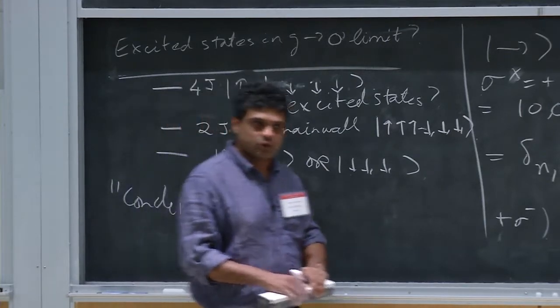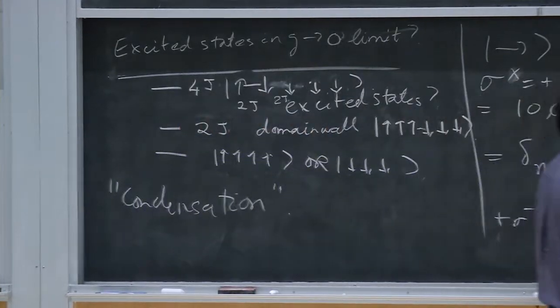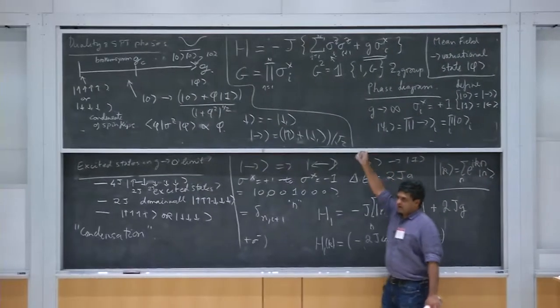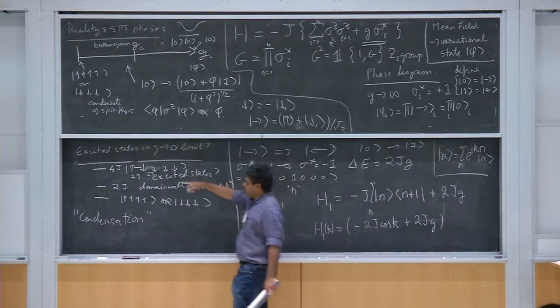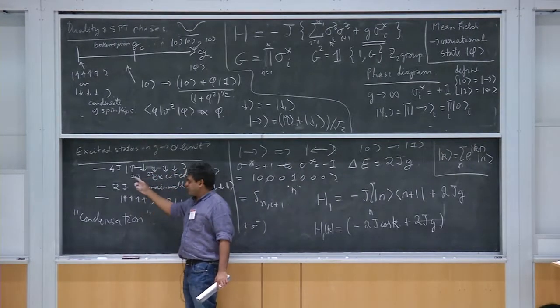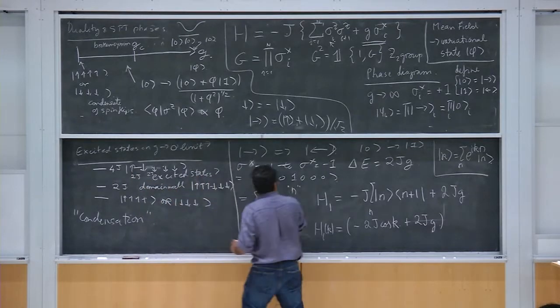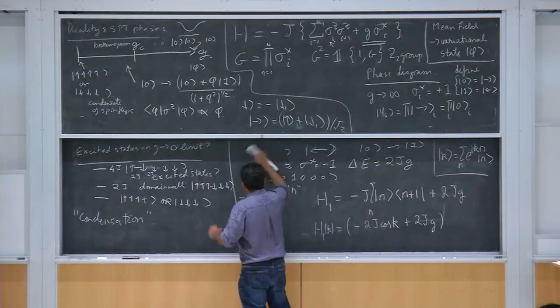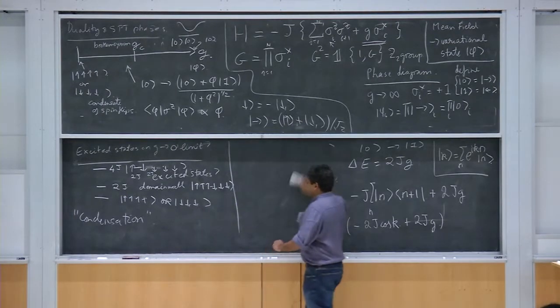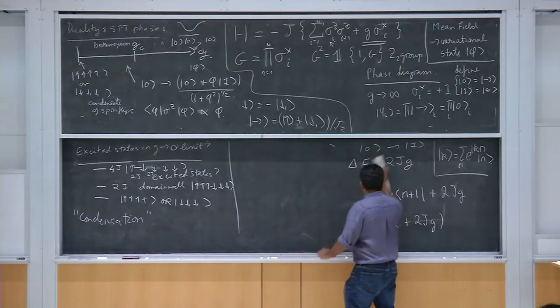Okay, and we can develop a dual theory. Instead of describing everything in terms of the location of the spins, what the spins are doing, we can write down a theory where I tell you where the domain walls are and what the domain walls are doing. So if I give you a spin configuration, of course that specifies the state of your system. I tell you which spins are up, which ones are down.